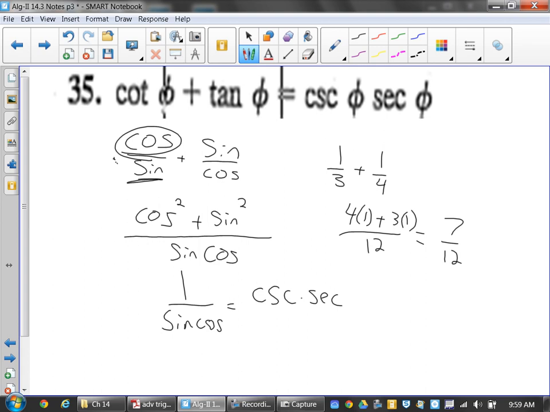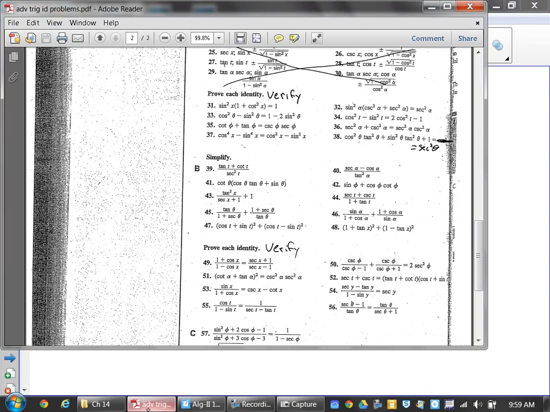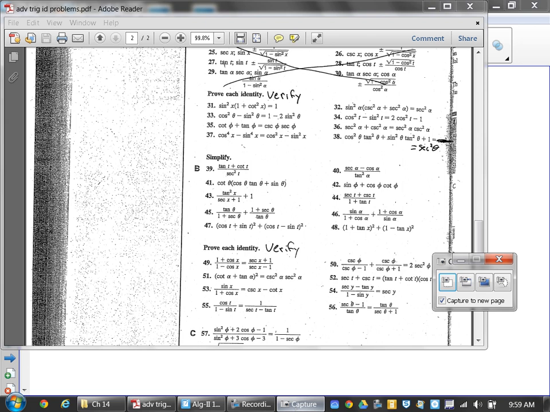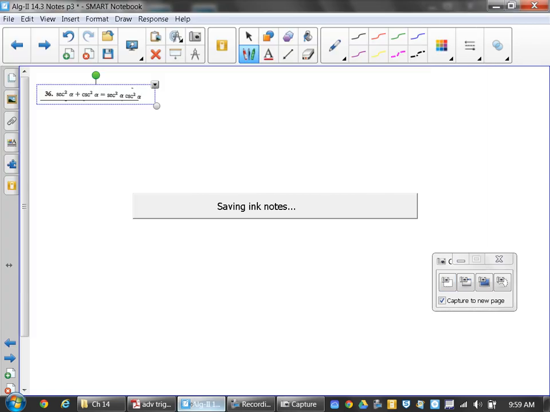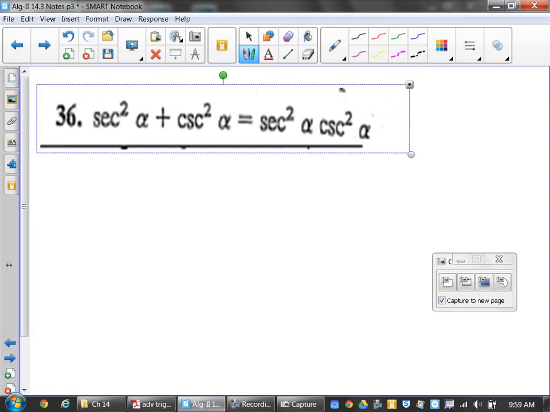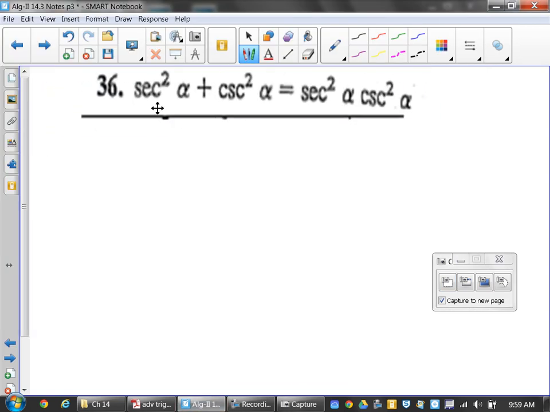Let's try another one with denominators. What's the next one? Number 36 has secant squared plus cosecant squared, and you want it to equal secant squared times cosecant squared.